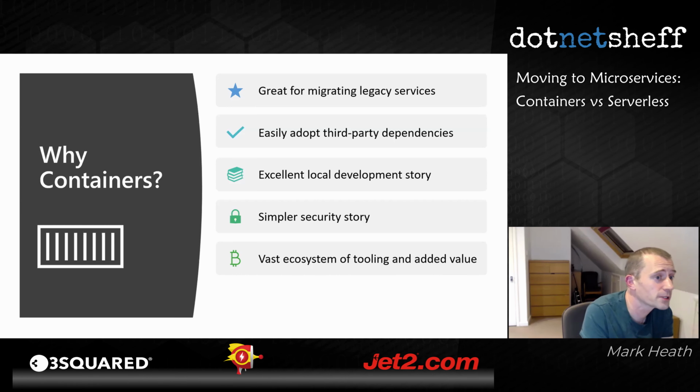There's lots of ops tooling, monitoring tooling, and tooling to help with development. Visual Studio has some great integrations with developing in containers. So if you go the containers route, you're buying into the ability to pick and choose from any of this ecosystem of additional tooling and take advantage of it.